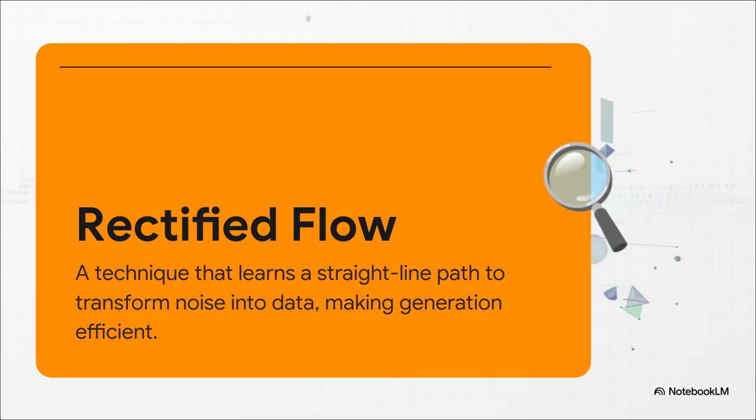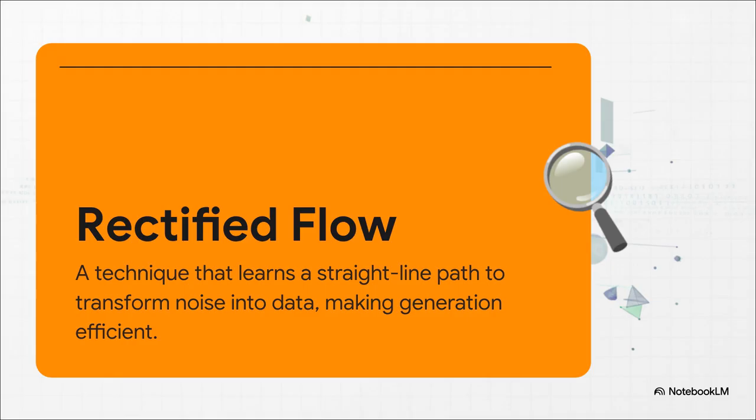Now, before we pull up the full intimidating architecture diagram, there's one more key concept we need to grasp. It's the engine that drives this whole thing. Trellis uses a technique called Rectified flow. Now, I'm sure most of you are familiar with diffusion models, right? They start with pure noise and then slowly, step by step, clean it up into a final image or object.